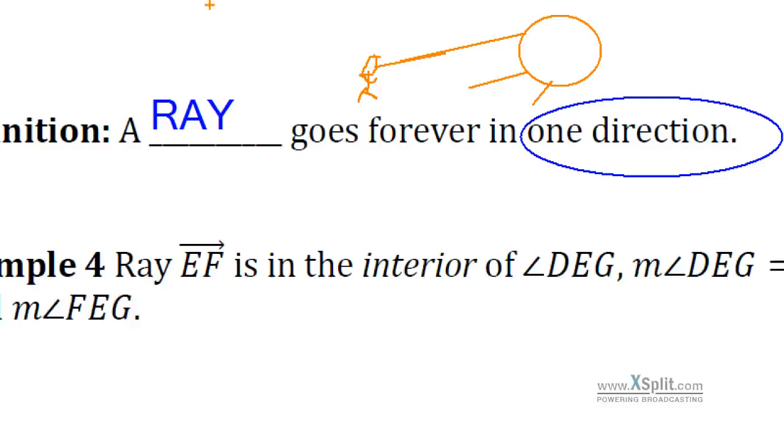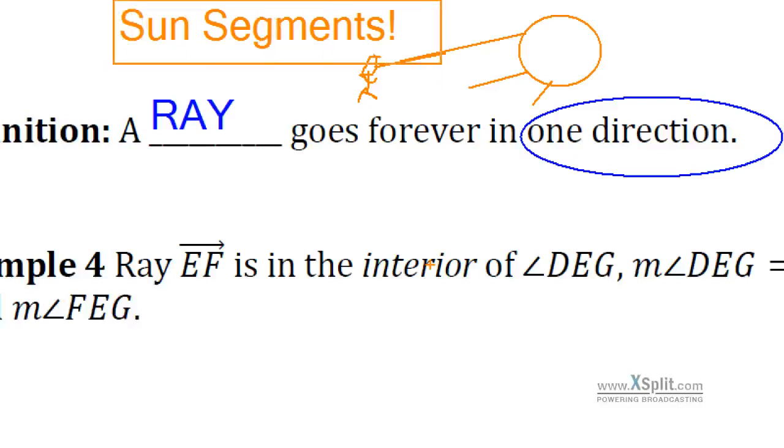Technically they should be called sun segments. I don't know why we don't call them sun segments. That's their proper name. Perhaps it doesn't sound nice in a lovely love song. If you wanted to sing about your love, sun line segments doesn't sound quite as beautiful as sun rays. Who knows? I'm not sure why exactly we use that. Oh well.